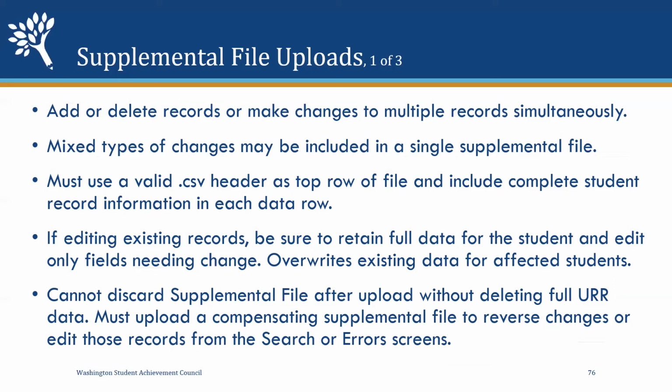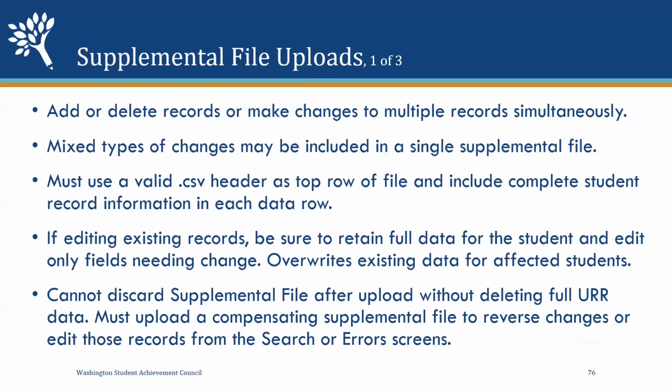So in other words, this partial file is not a partial record for each student. It is a full record for the students that are affected. However, it's not a full upload of your entire population. It is just a change file for the records that you need to make edits or adjustments to.